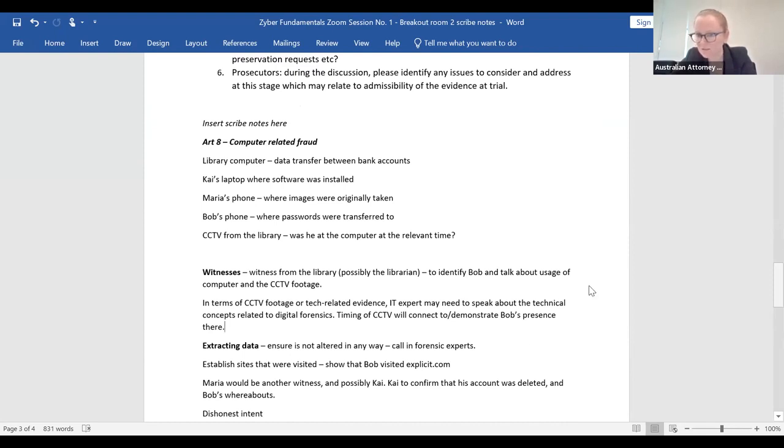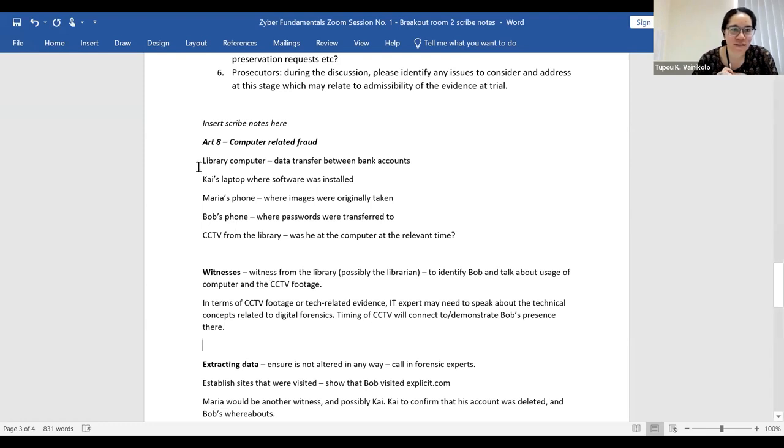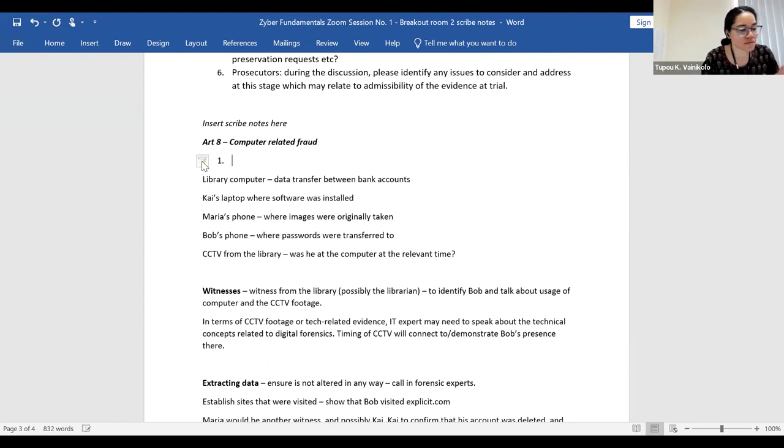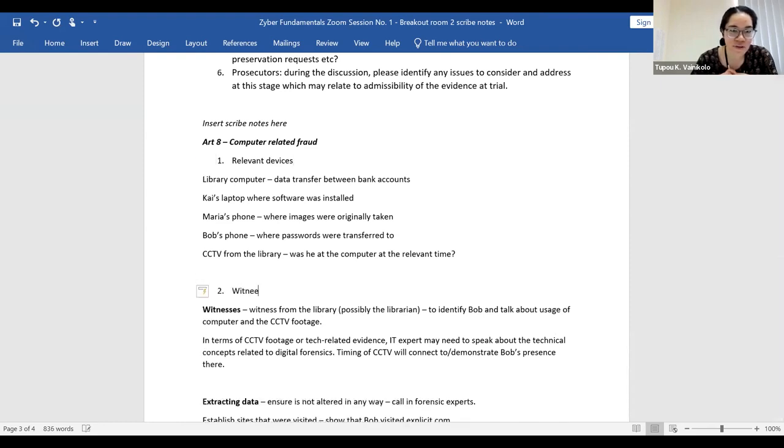To save time, I will jump in and try to summarize our group discussion. Like Lauren said, we decided to go with computer-related fraud and answer the questions, focusing on that offense. In terms of the relevant devices, we looked at Kai's laptop, the library computer, Maria's phone, Bob's phone, and CCTV from the library.